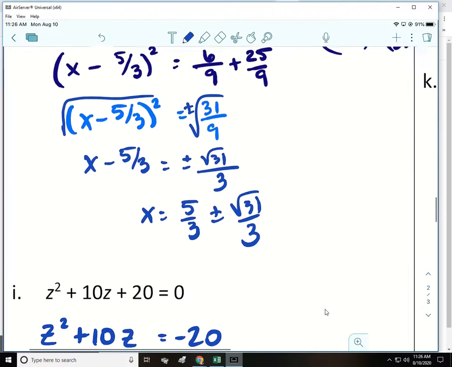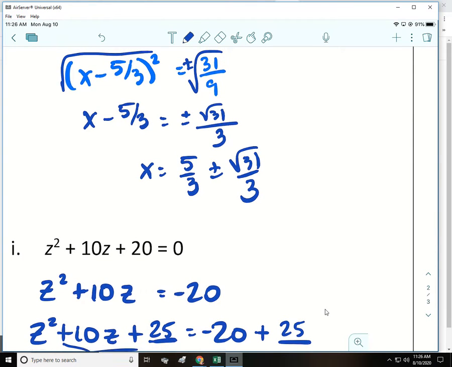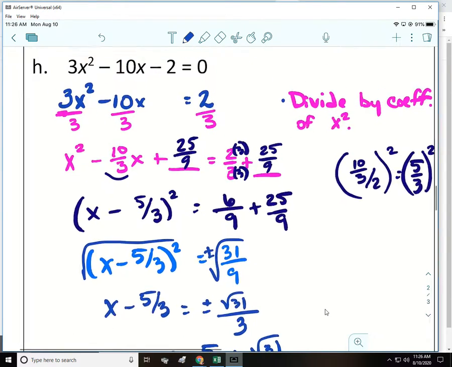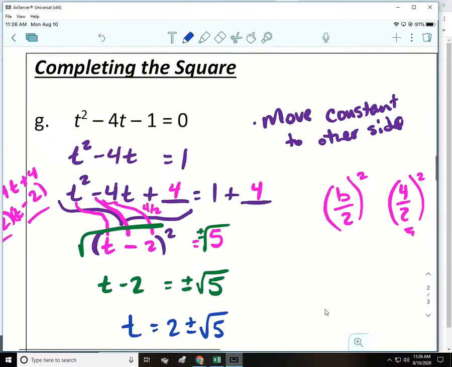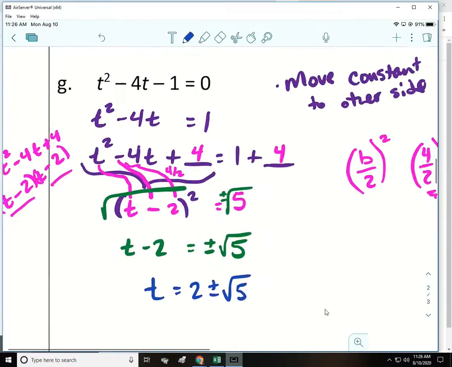So for one like this one, I really would not recommend that you solve it by completing the square. It is just kind of a big mess. So when you do your assignment tonight, you get to decide what method you're going to use. So when is it better to solve by completing the square, like on G and I?